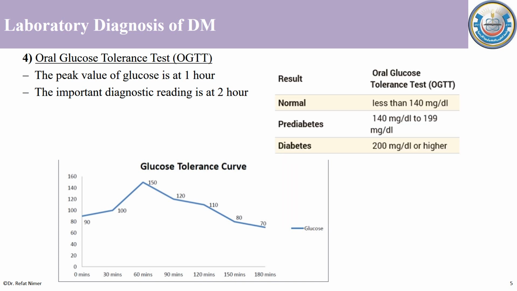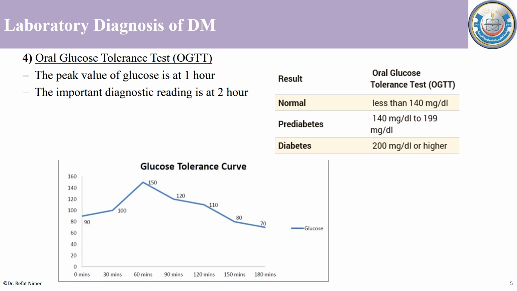So at 2 hours, if the glucose is less than 140 milligram per deciliter, then this is normal. If the value is between 140 to 199, this is pre-diabetes, and if it's 200 or more, then this is a diabetic case.